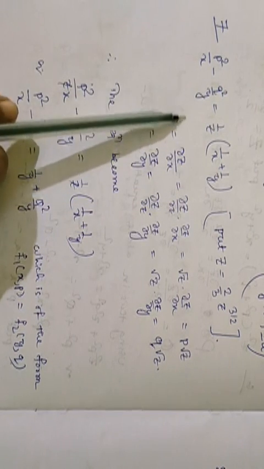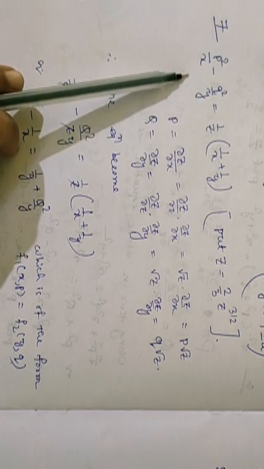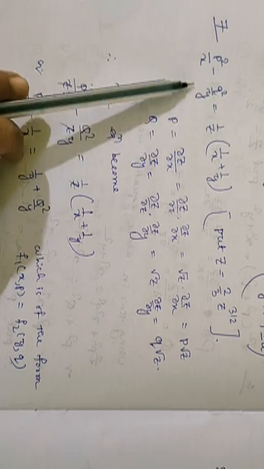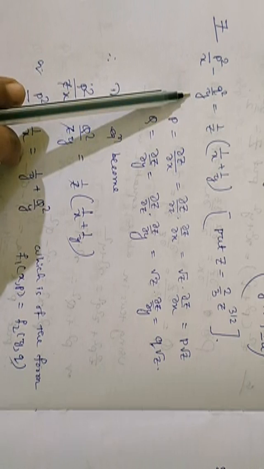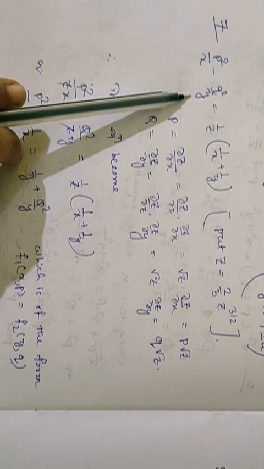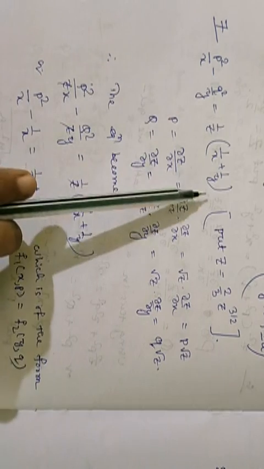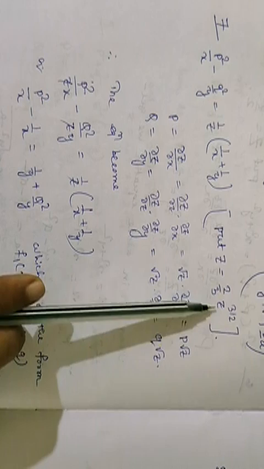So it is not initially of the form f1(x)p = f2(y)q, since z is also present here, and we cannot write it in that form. Now a hint is there: put capital Z equal to 2 by 3 z to the power 3 by 2.